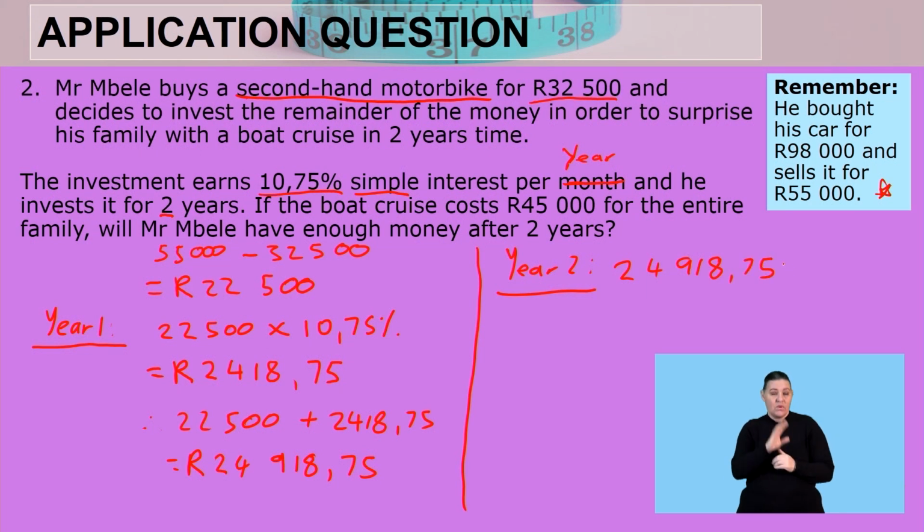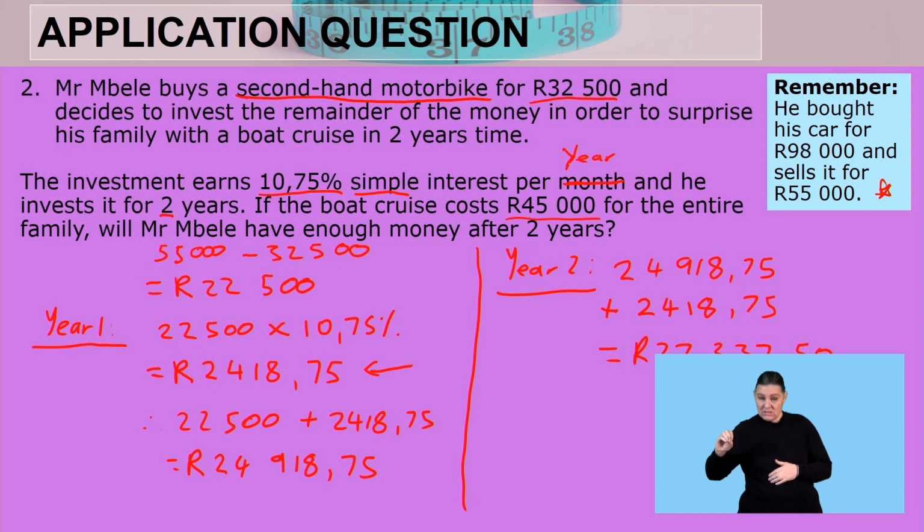I then add on the interest, 2,418.75, and I get 27,337 Rand 50 cents. So, to answer the question, if the boat cruise costs 45,000 Rand for the entire family, will he have enough money after 2 years? Sadly not.